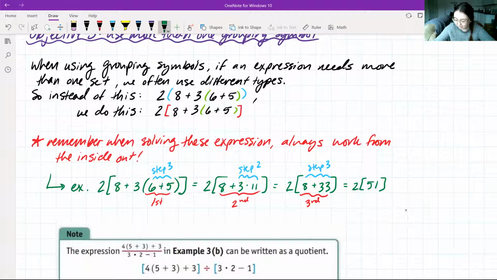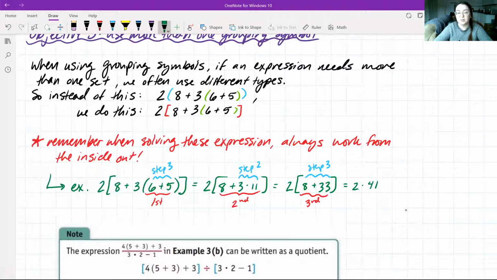I think I did that wrong. 41. See, mental math is hard. All right, so we have 2 times 41 here. So we know that having a 2 multiplied by something in a bracket, this just stands for multiplication.